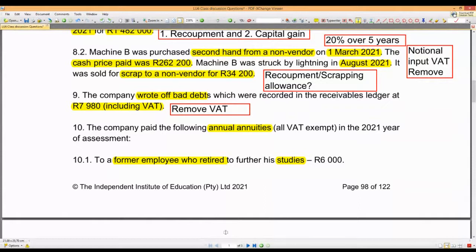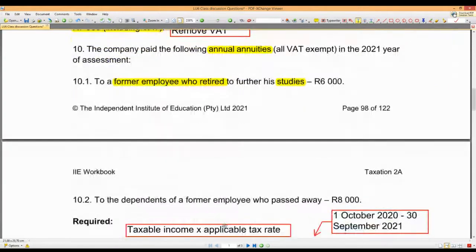Now, based on the annuity deductions, what are the requirements before we can deduct an annuity? So out of the two, we've got a former employee who retired to further his studies, and we got dependents of former employee who passed away. Now, out of those two, would one, both, or neither of them be deductible in terms of the rules?